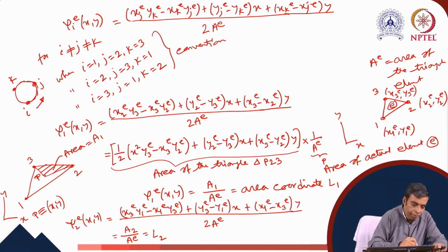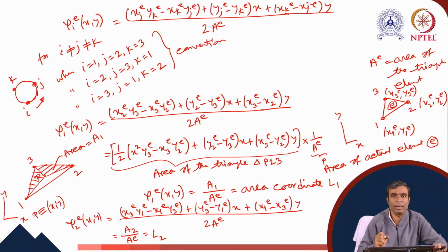Now we join the vertex 1 with the local node P and the sub-triangle which we get here, that is 1P3.